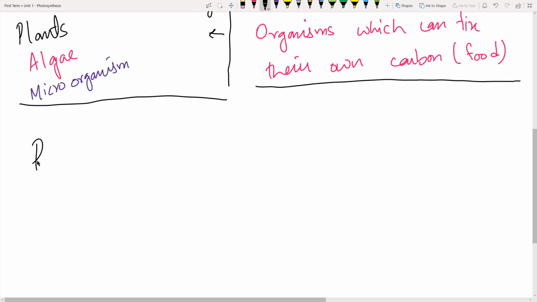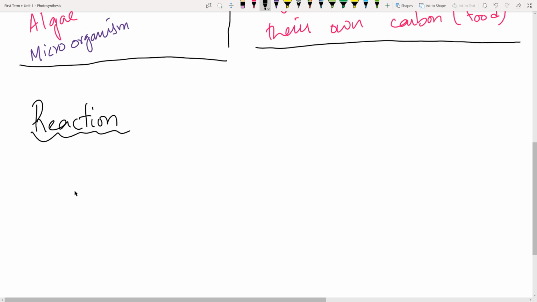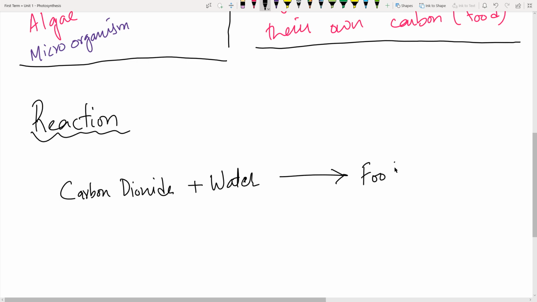So the reaction, what really happens? What we see is that carbon dioxide is taken in by the plants, and it is mixed with other ingredients like water and minerals, and it is converted into food plus oxygen.